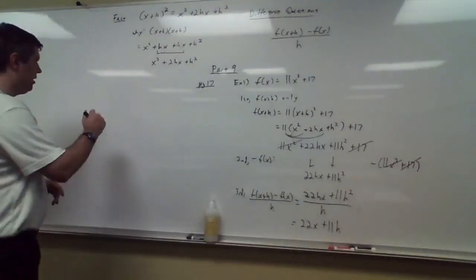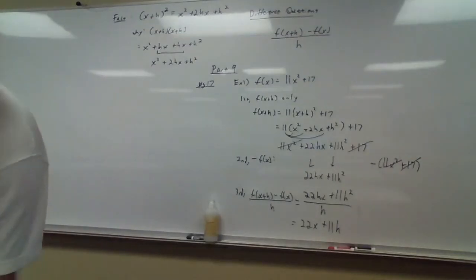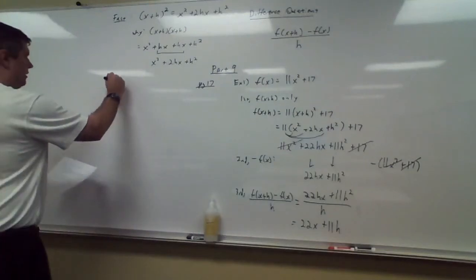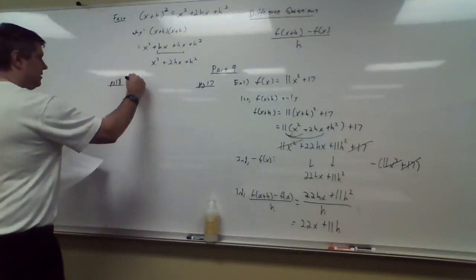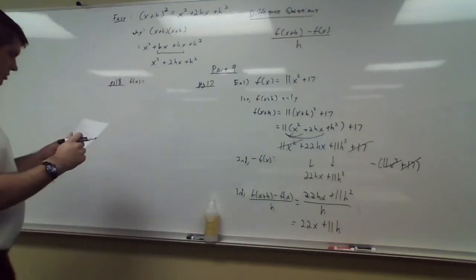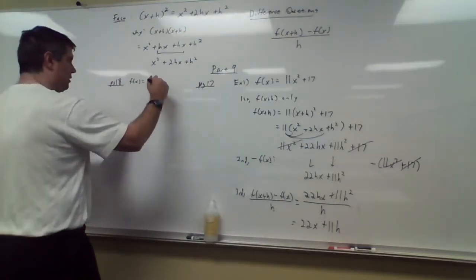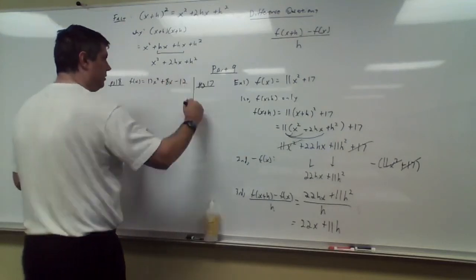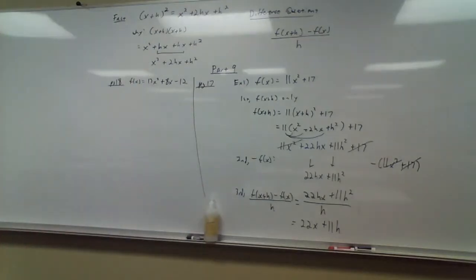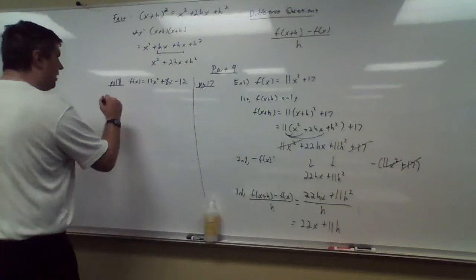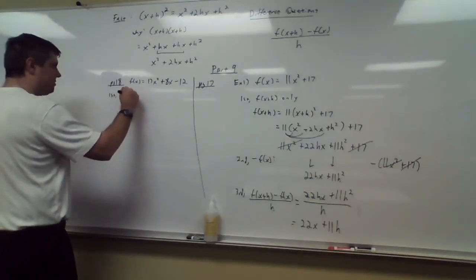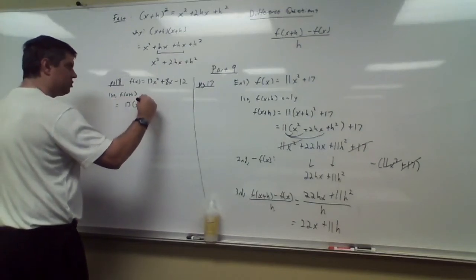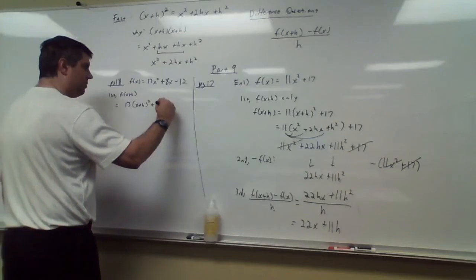Next up, I will do page 18, where f of x equals 13x squared plus 8x minus 12. Okay? First, f of x plus h equals 13 times x plus h squared plus 8x plus h.